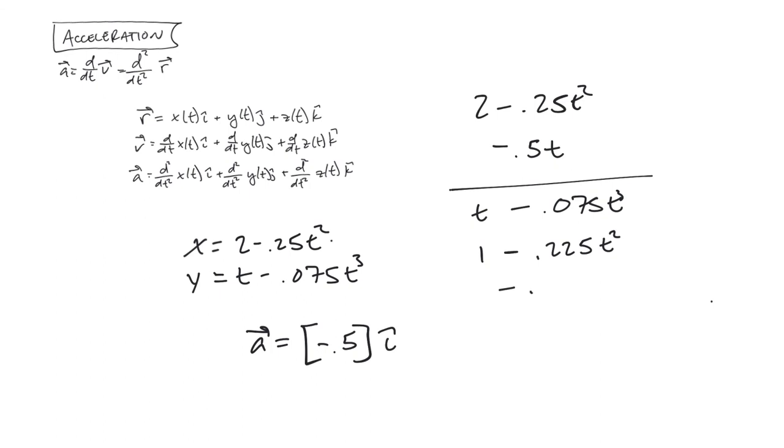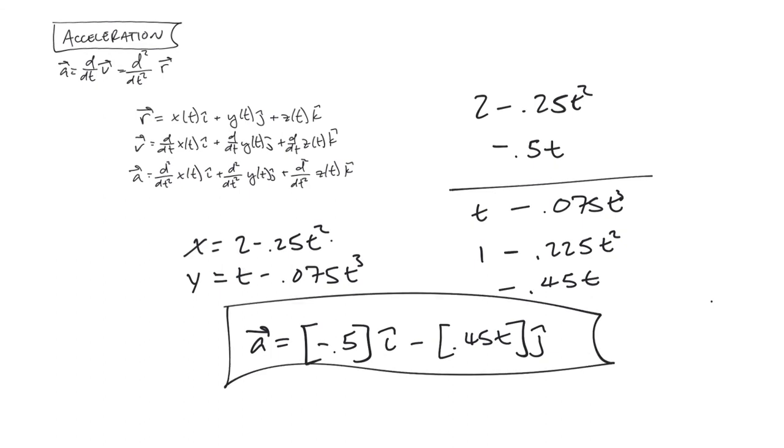We get negative 0.45 t in the y direction. So it's minus 0.45 t for the j direction. And there was no given z, so we just leave it out. And that is your acceleration at any point in time for that scenario.